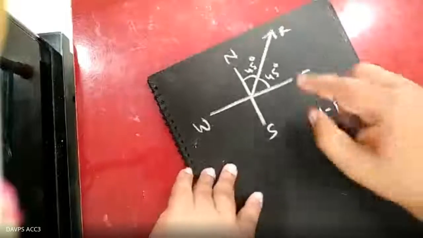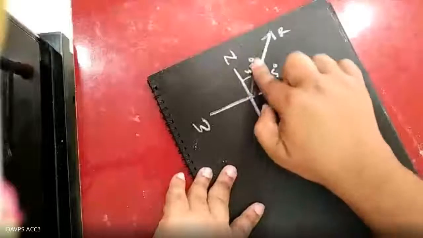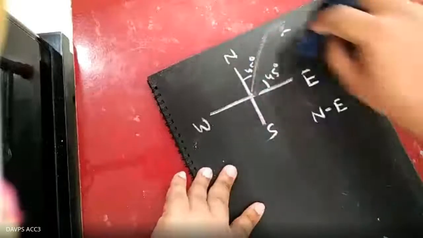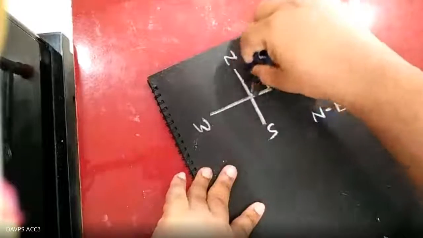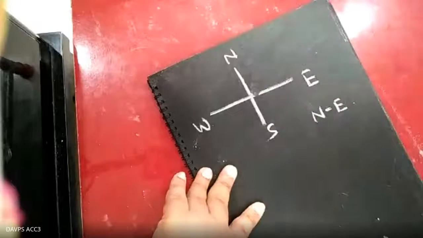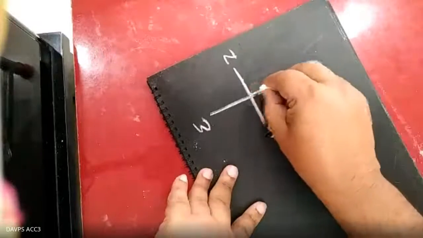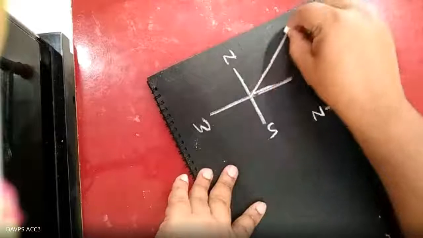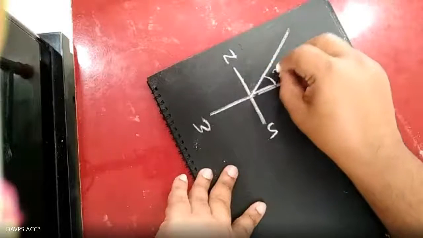If it is not exactly making that angle, what can you tell? If it is 30 degree, can anybody tell me this angle?